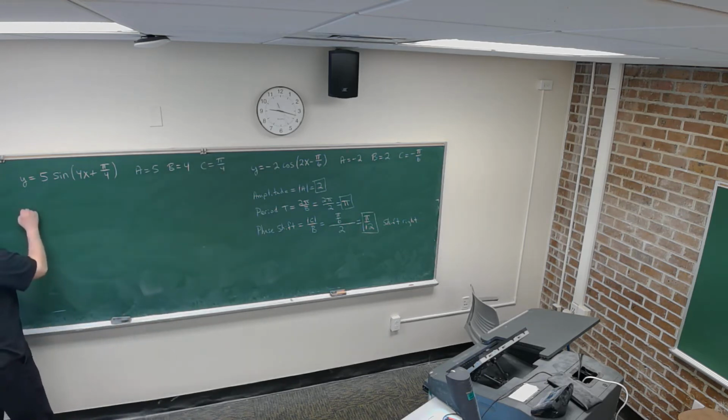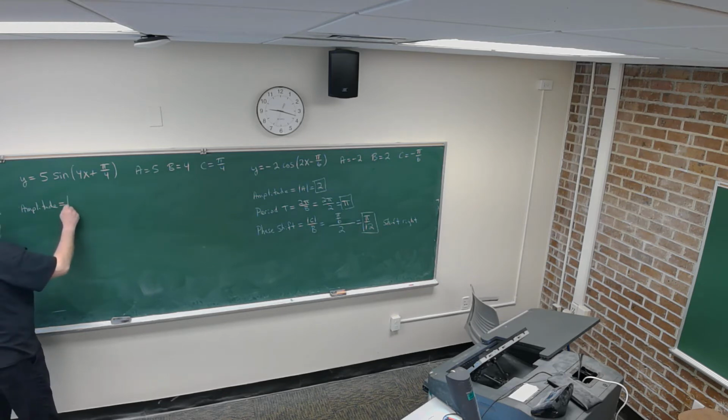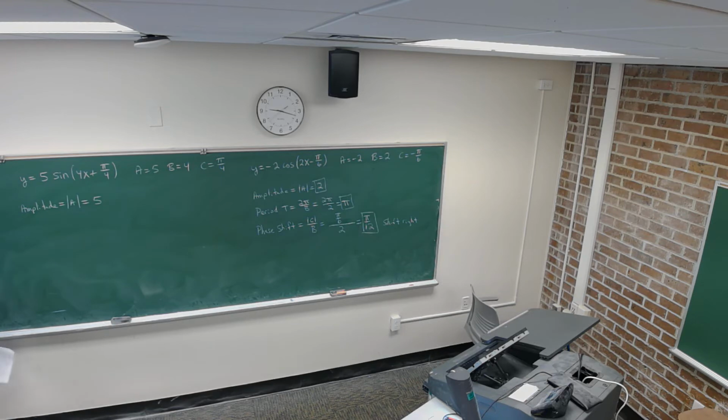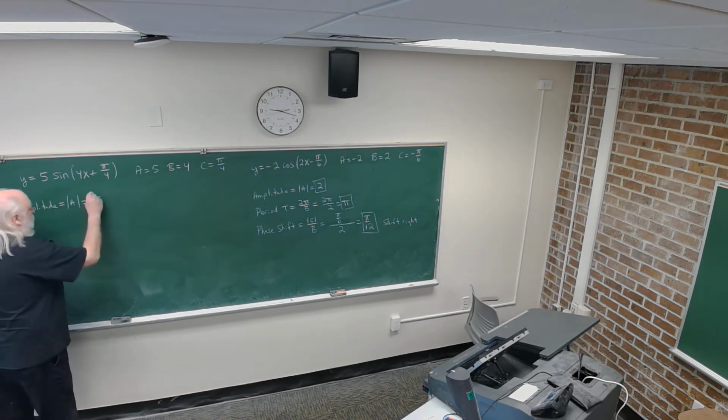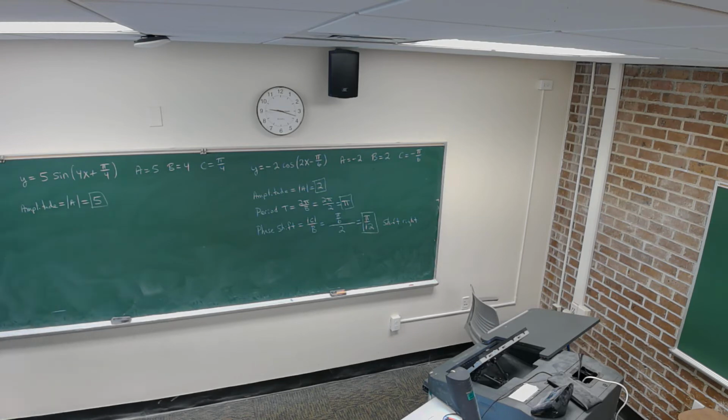The amplitude is equal to the absolute value of A, which is 5. And so the graph of this transformed sine function has a vertical stretch by a factor of 5.